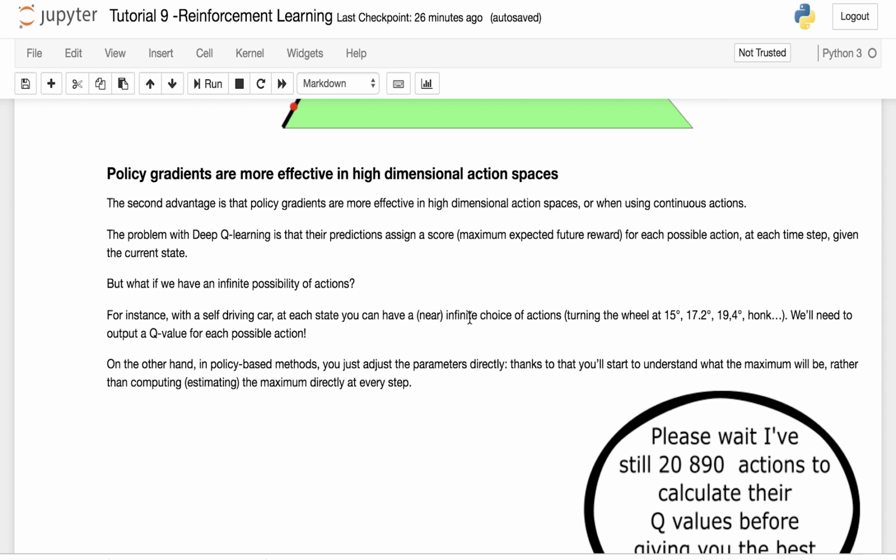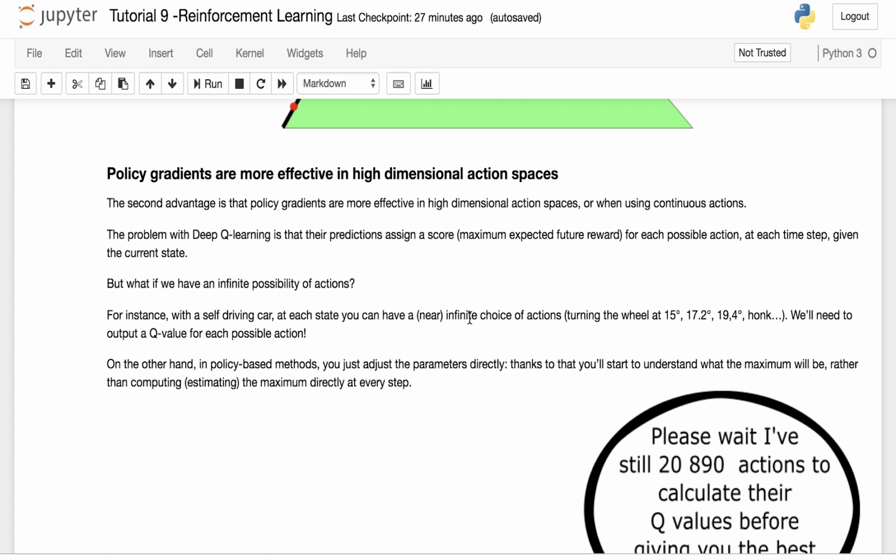When we're using continuous actions, you save more. The problem with deep learning here is that its predictions assign a score for each possible action at each time, given the current state. But what if you have infinite possible actions? It doesn't work.